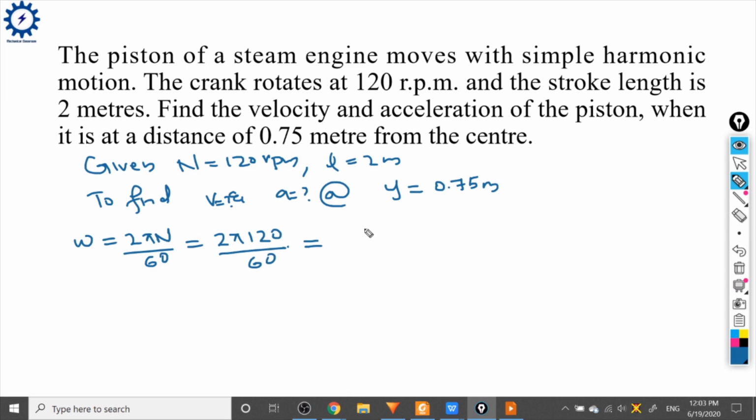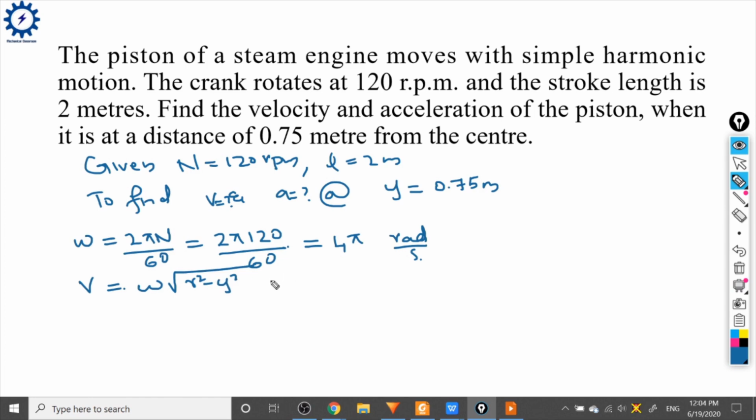2 pi n by 60 comes to 4 pi. What is the expression for velocity? In the last problem it was maximum velocity. Here we need the velocity at y equal to 0.75 meter. So the expression for velocity is omega root r square minus y square.